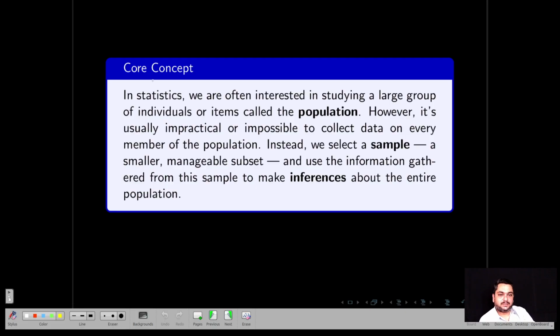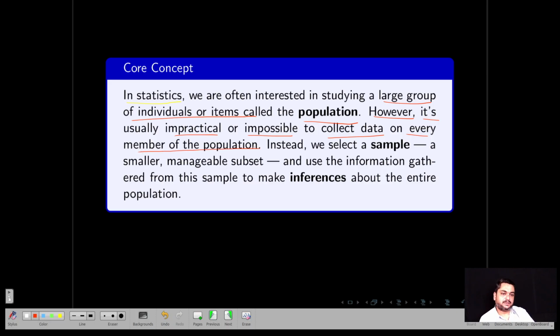So basically what I explained now, I summarized here. What is the core concept in statistics? We are often interested in studying a large group of individuals or items called the population. The population is a large group, the universe. However, it's usually impractical or impossible to collect data on every member of the population. That's why I gave the example.